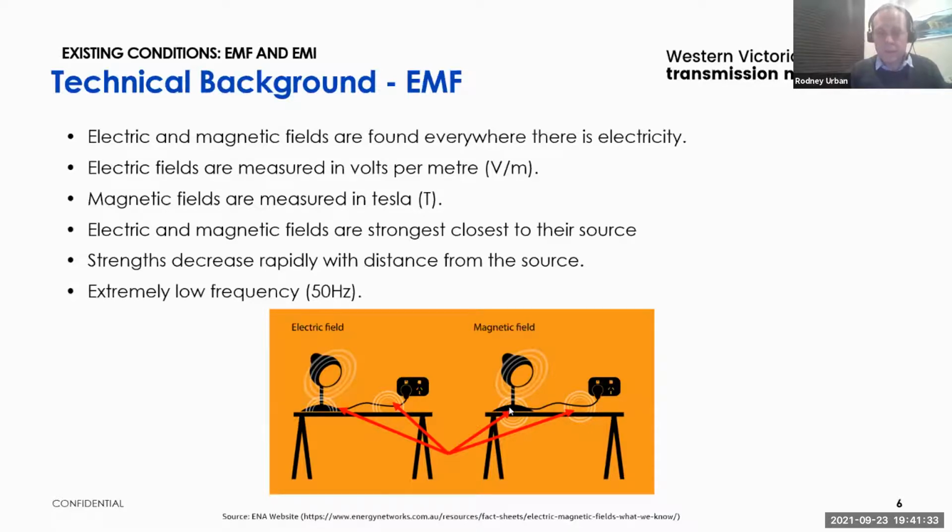And that's a key difference between the electric and magnetic fields. The electric fields are shielded; the construction materials that we use in houses and in most items are able to shield the electric fields. However, the magnetic fields are not easily shielded by your normal materials.